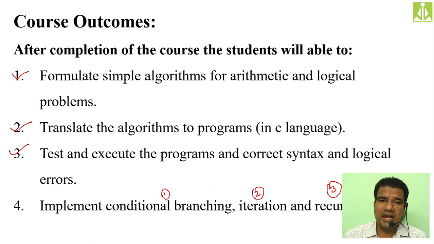English, being a language, has different constructs like nouns, pronouns, verbs, adverbs, adjectives, articles. All these are constructs of the English language, and based on these, your English language is built.